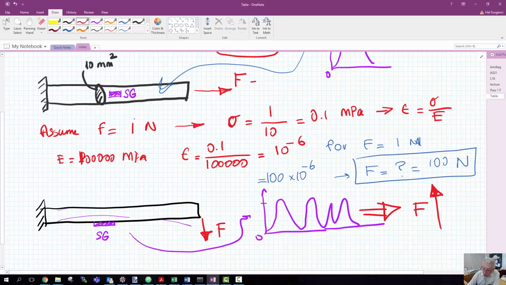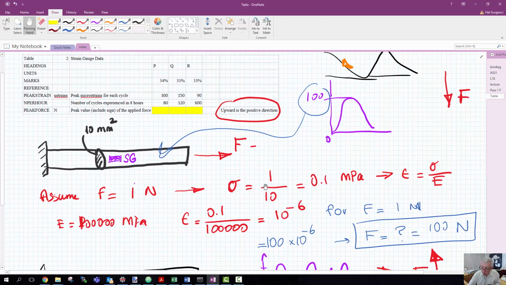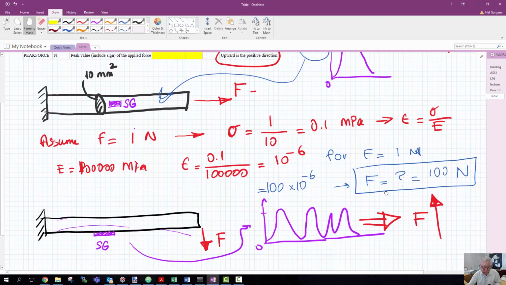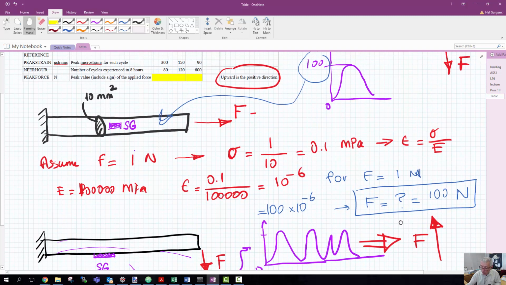If I have a positive strain, my force is pointed upwards. Okay, so that's really how you calculate the magnitudes of the force F, because there are different F values to generate P and Q and R cycles. And that also gives you its direction.